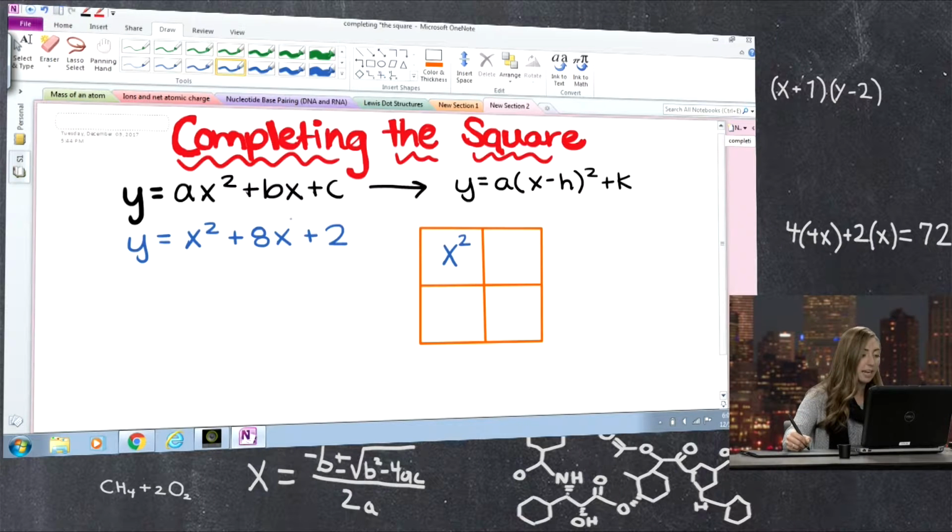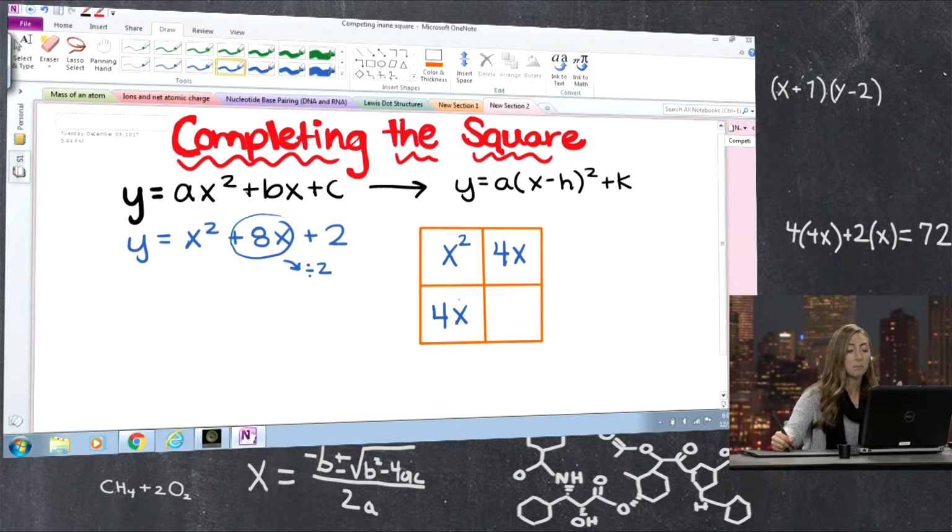So we're going to take this 8x and divide it by 2. That way we get the same number for each of them. So 8x divided by 2 gives us 4x. So we're going to put 4x and 4x in this box. Again, we want them to be the same because we want it to be a perfect square. From here now, we're going to find what our length and our width would be.